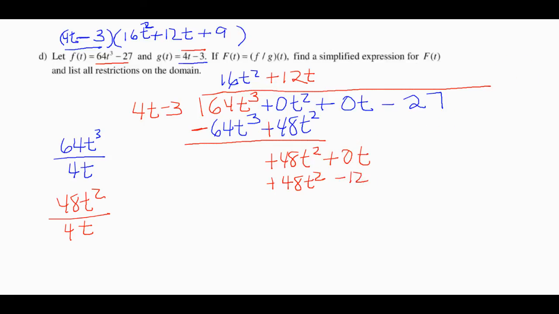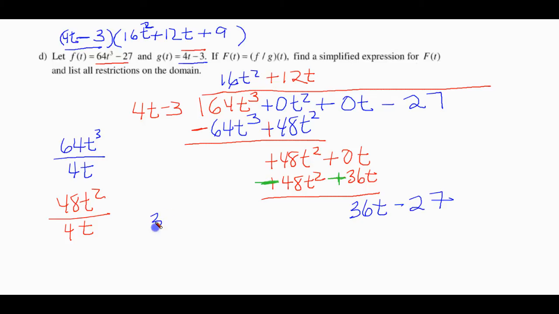How about a negative 36 here? Three times 12? Yes, there we go. Put our line, and in so doing, we have to change the sign. So I got a green, that's okay.